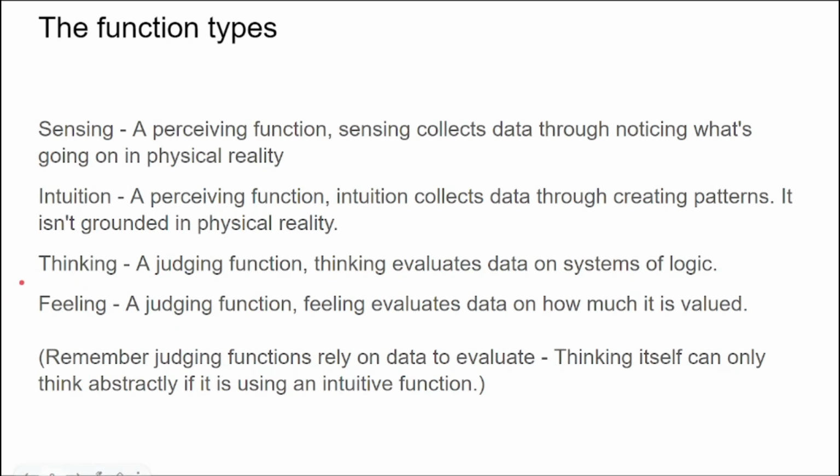Sometimes feeling can be logical and sometimes thinking can be illogical. I don't know how to put it, but sometimes these things are inaccurate. So these words aren't concrete about what they are. They're just the words that are used to describe the functions, right?